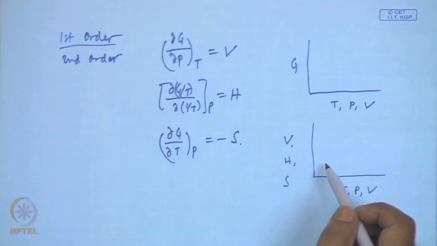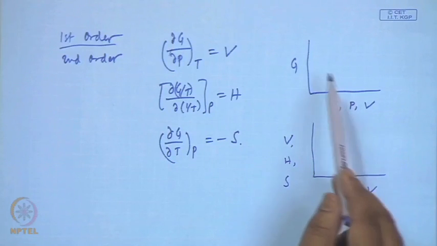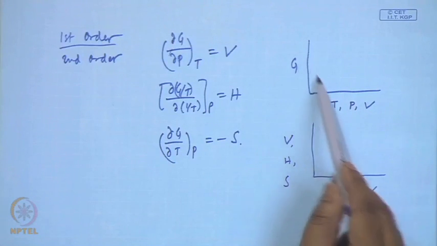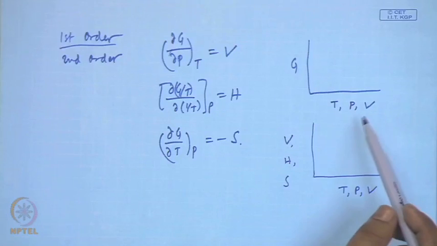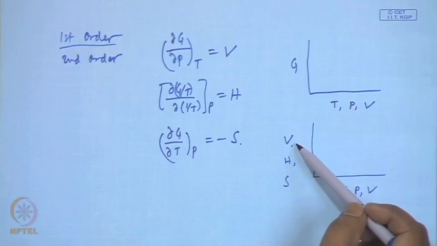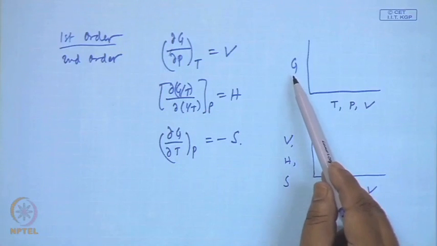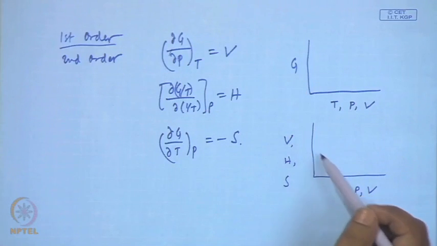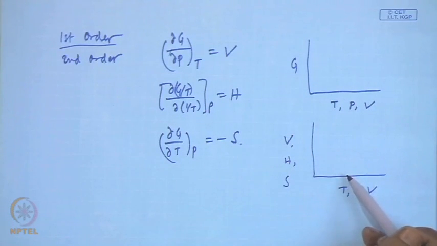So, basically first order transitions give continuity in the G versus T, P, V plot, whereas the first derivative of G is discontinuous when we plot against these state parameters.